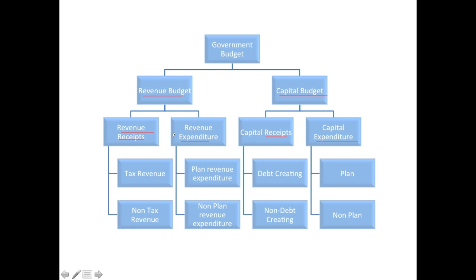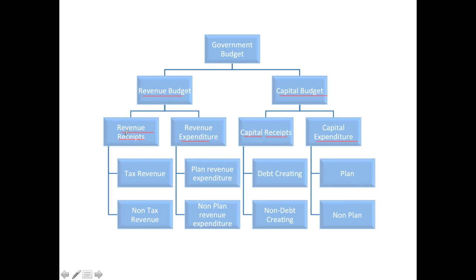Whatever the government expects to be the expenditures, or where it will be spending that money, comes under this. Then the area where it is expecting the government to raise some money which is capital in nature comes under capital receipts, and similarly capital expenditure.